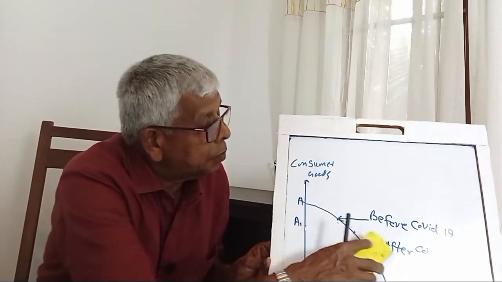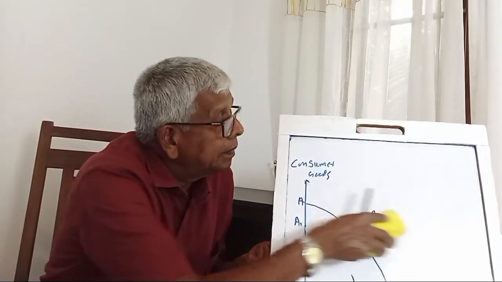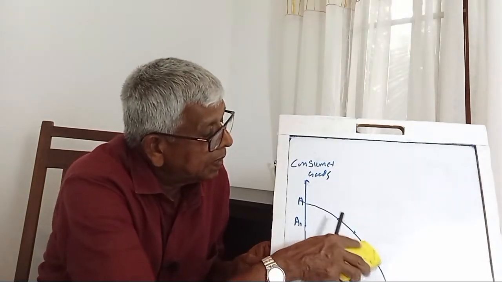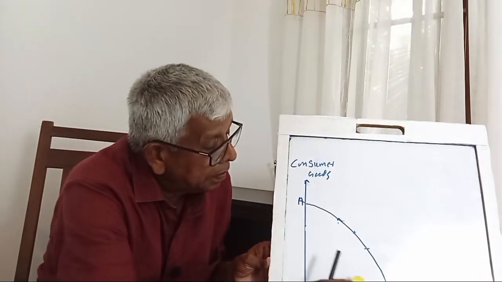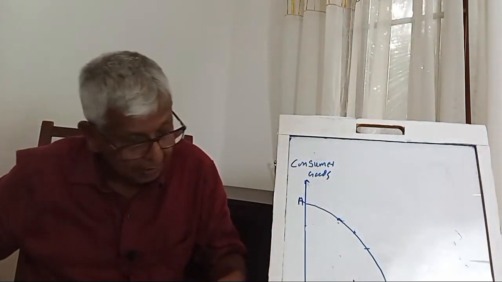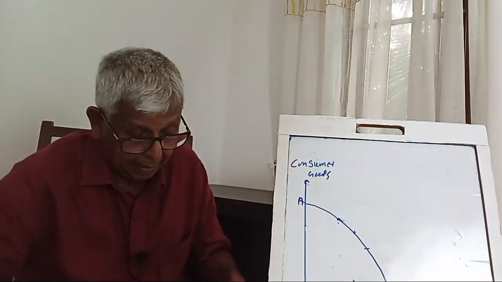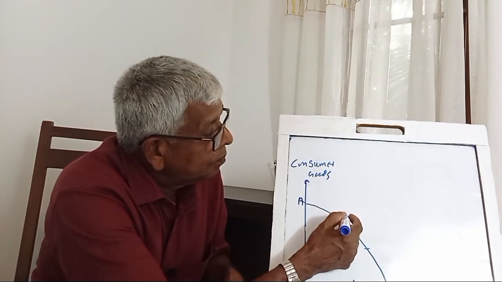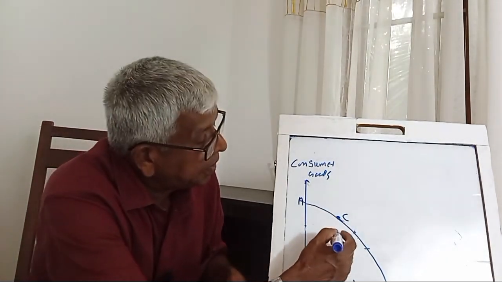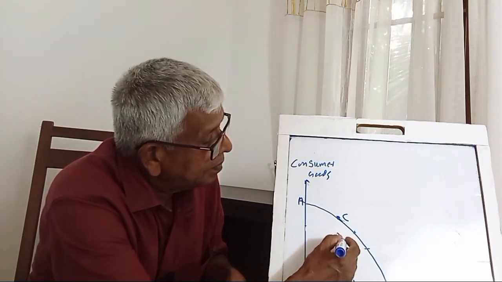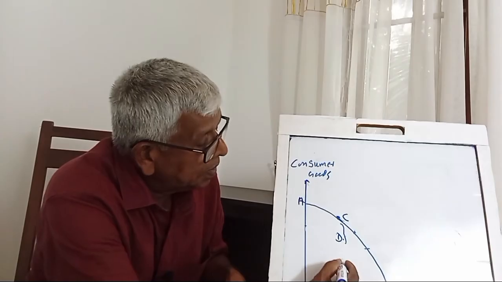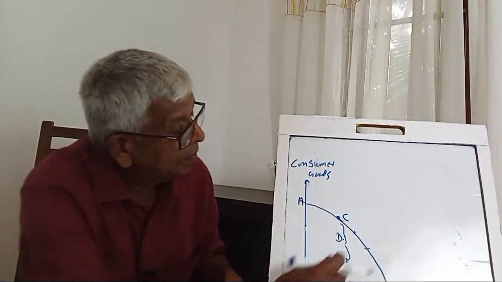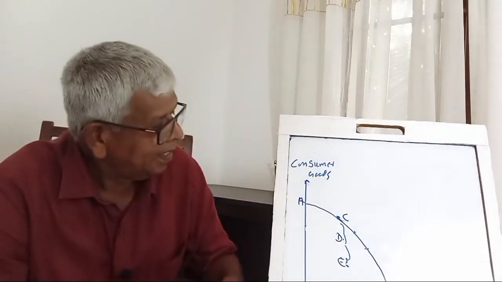Here, consumer goods and capital goods. Points C, D, E. Look at this.